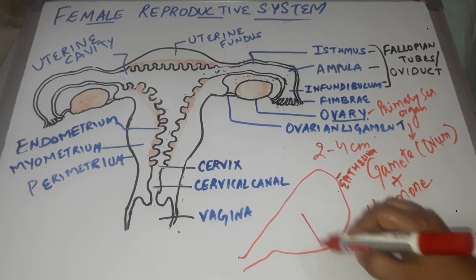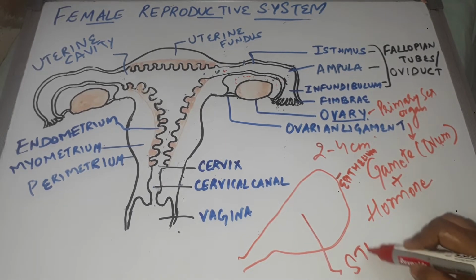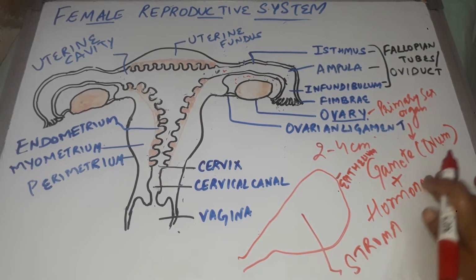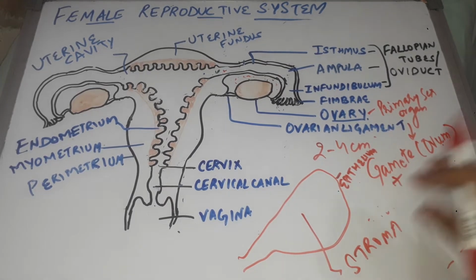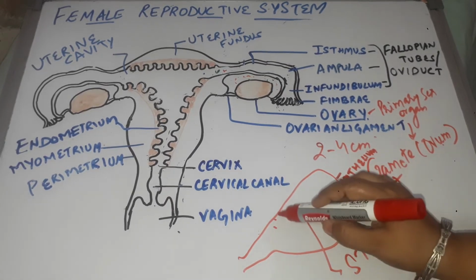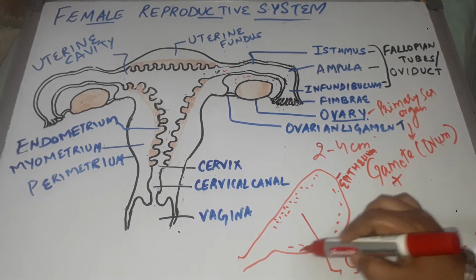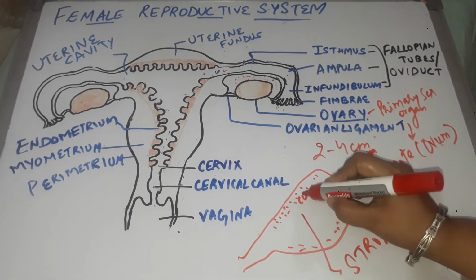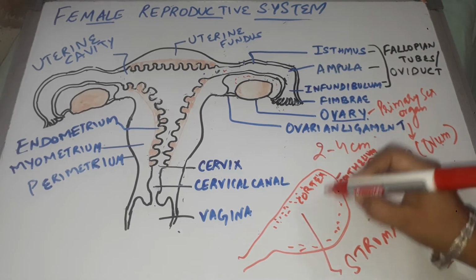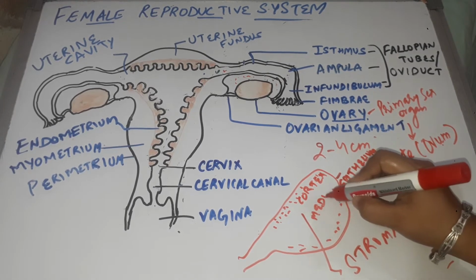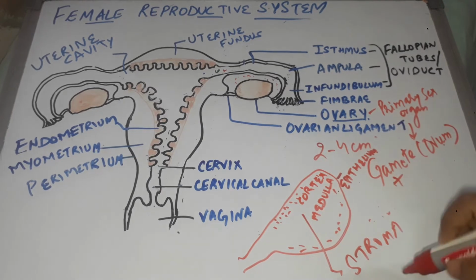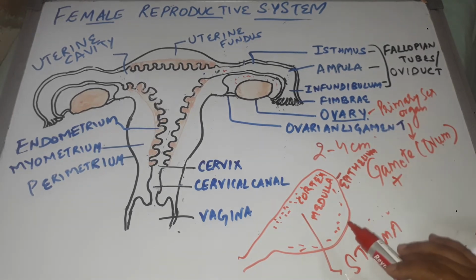Inside the epithelium is enclosed the stroma. So the stroma is divided into two parts. The outer thick part of the stroma is called the cortex, and inner to the cortex lies another part, that is the medulla. Details of this we will talk about in the next topic.